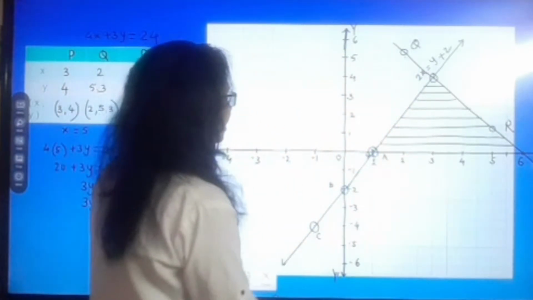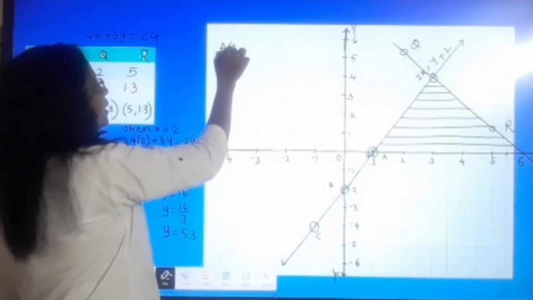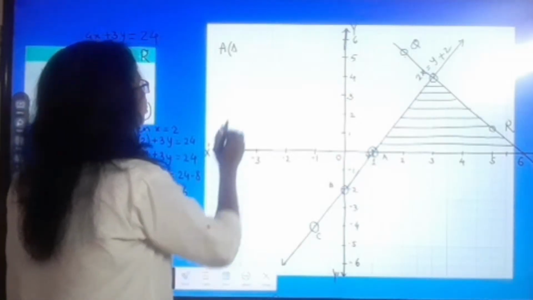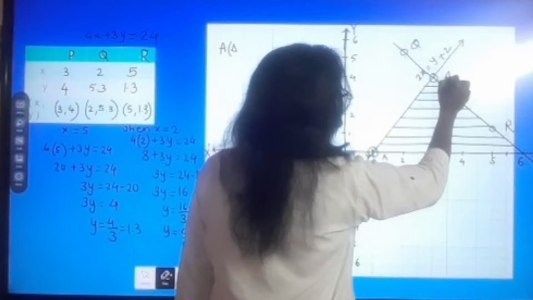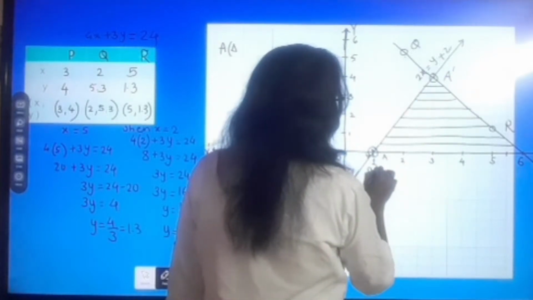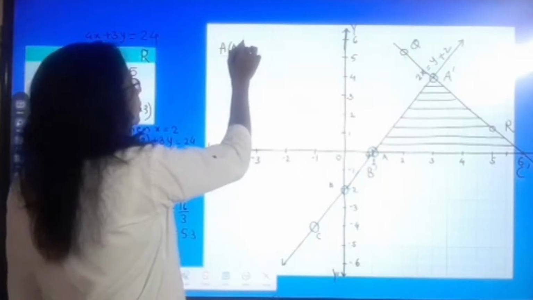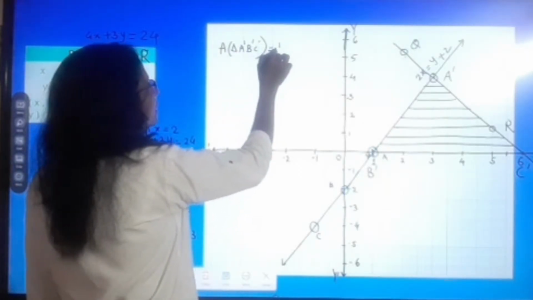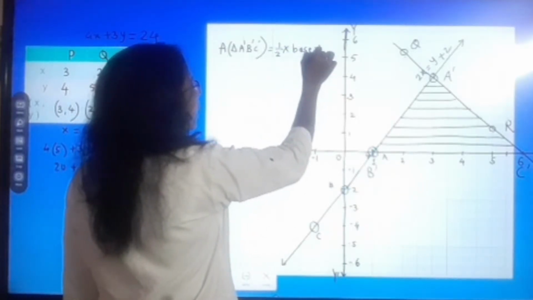So now see, the area of triangle, I write down the name as A dash, B dash, C dash. That is half into base into height.